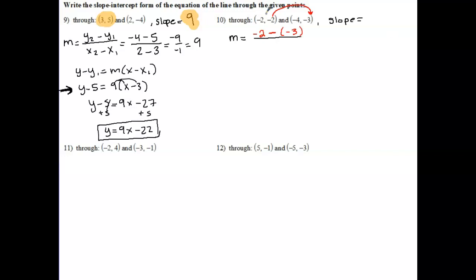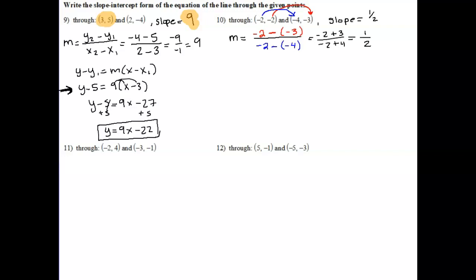And then for my x's, since I started at this point, I have to start with my x on the left and subtract -4. So -2 minus my other x, which is -4. Simplifying, I've got -2 plus 3 over -2 plus 4. That gives me 1 over 2. So my slope is 1/2.